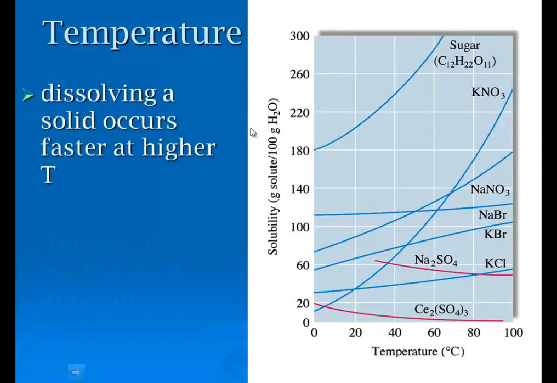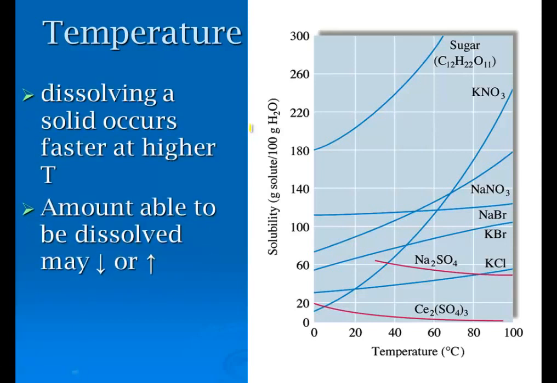This is just showing you in relation to temperature. You would think dissolving a solid occurs faster at a higher temperature, so we can increase the speed if we heat it up. However, the solubility, which is the amount that can be dissolved, doesn't always go up. For some things like sugar, if you heat water, that's why you can dissolve a lot of sugar. That's how you make rock candy.